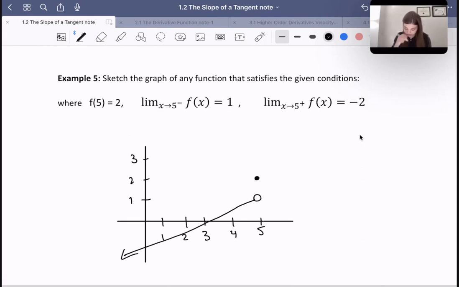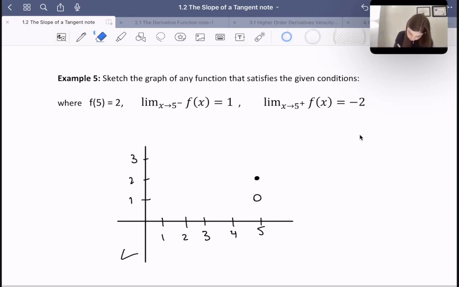I'm just going to draw a straight line. You could draw a squiggly line. You could draw a quadratic, whatever. As long as it comes from the left, that's the most important thing. Then we have this point here that says the limit as x approaches 5 from the right is -2.